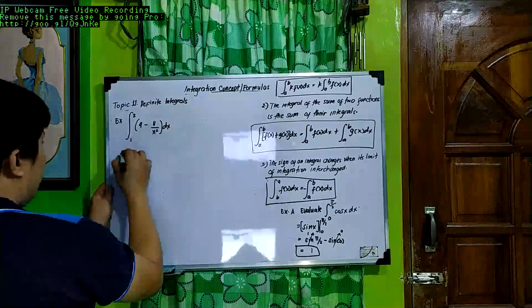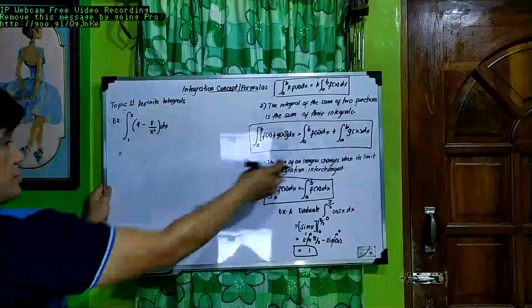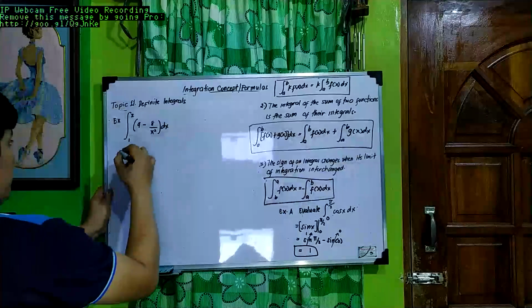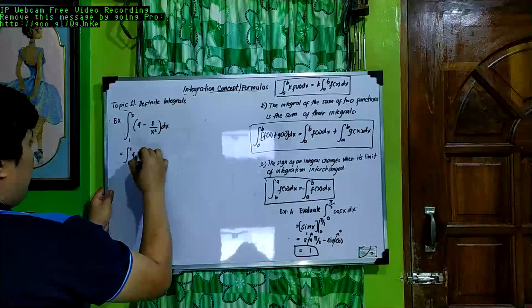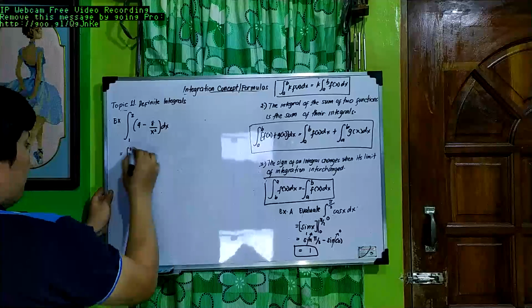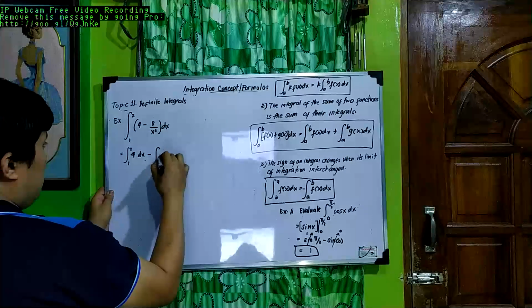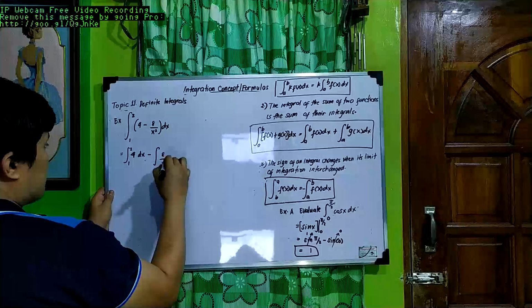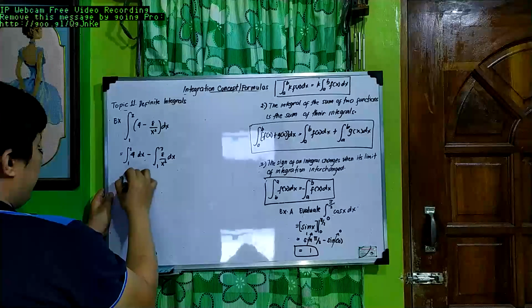From here, we need to separate it as the sum of two functions. So you'll have the integral of 4 dx with limits from 1 to 2 minus the integral of 8 over x squared dx, limits from 1 to 2. Move the constants outside.